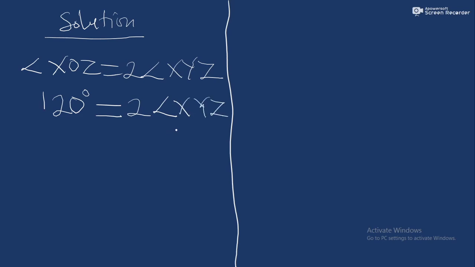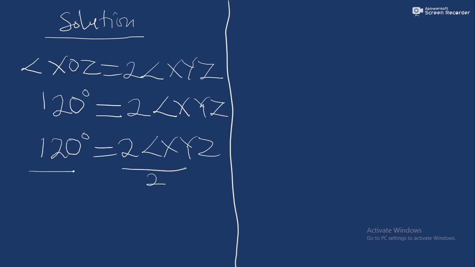We are looking for angle XYZ, so we divide both sides by 2. So we have 120 degrees over 2, and 2 over 2. So now we are going to have 60 degrees is equal to angle XYZ. This will cancel this, this will cancel this.